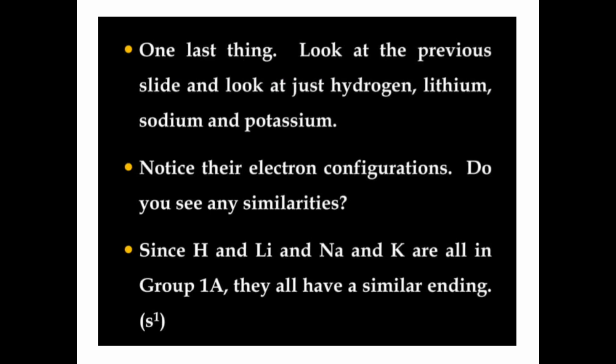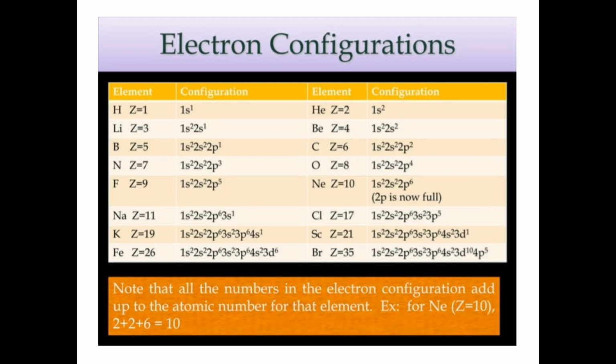Okay. Now, one last thing that you need to know. If you look at the previous slide, look at hydrogen, lithium, sodium, and potassium. Did you see any similarity? Hydrogen is ending with 1. Lithium is also ending with 1, 1s2, 2s1. Sodium is also ending with 1, 3s1. Potassium is also ending with 1, 4s1.